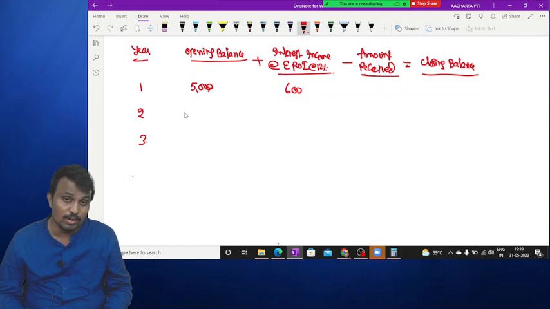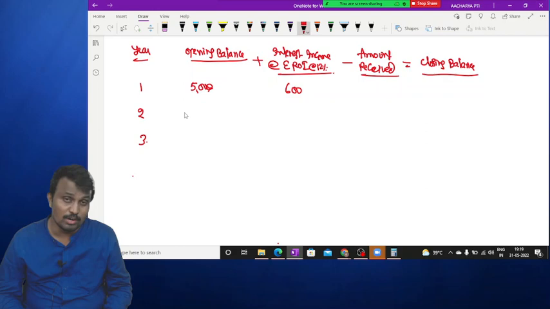Shall we say it is interest income? Now if you total these three years' interest income, then how much amount is there? 1,837. Correct? In this way you can check the answer. Clear? Yes, sir.